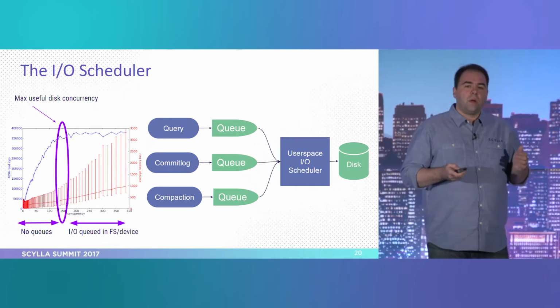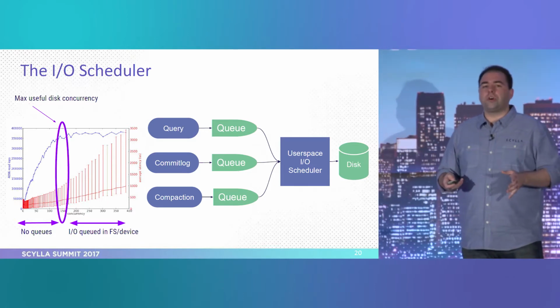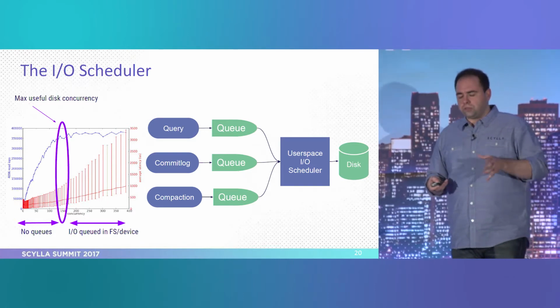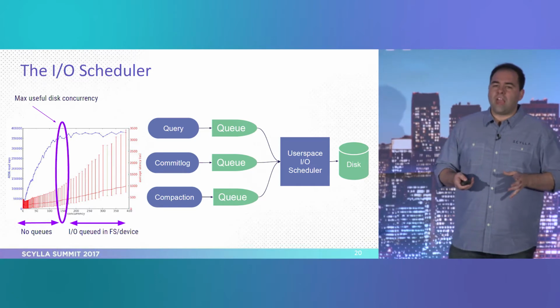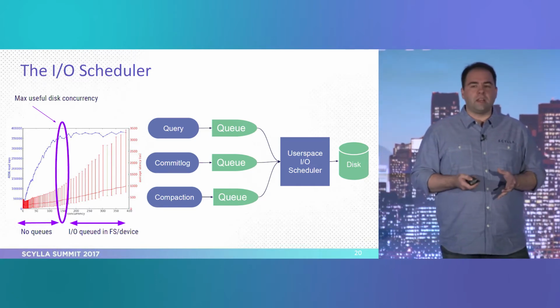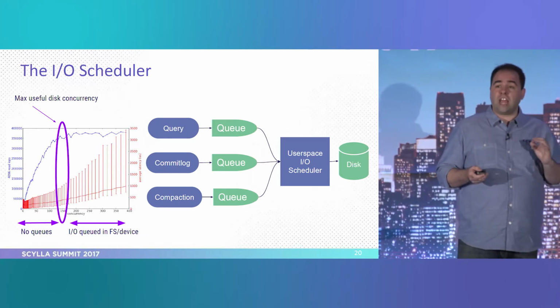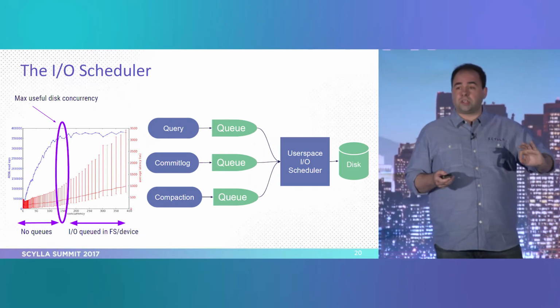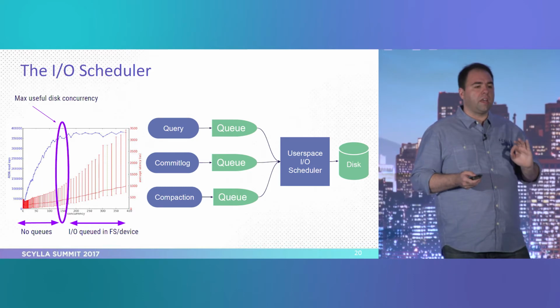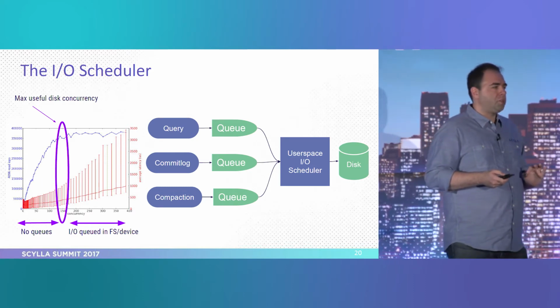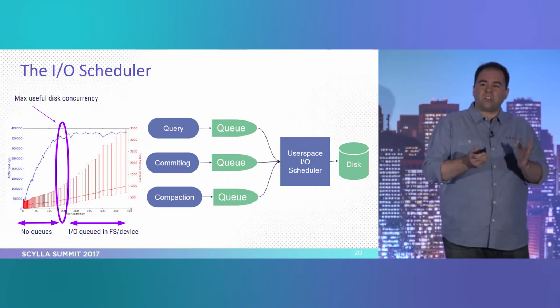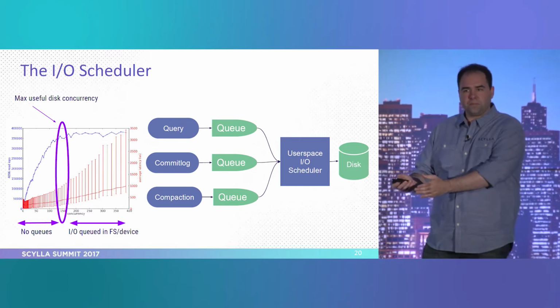And again, our close-to-hardware architecture allows us to do something different. We have an I/O scheduler inside the database, and the first thing it does is guarantee that it will never send to disk more requests than your disk can handle. By doing this, we can queue those requests inside the database, not in the disk.